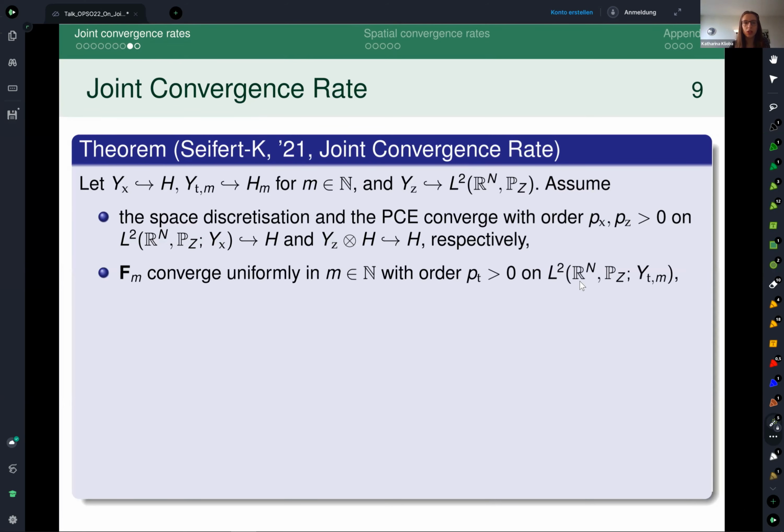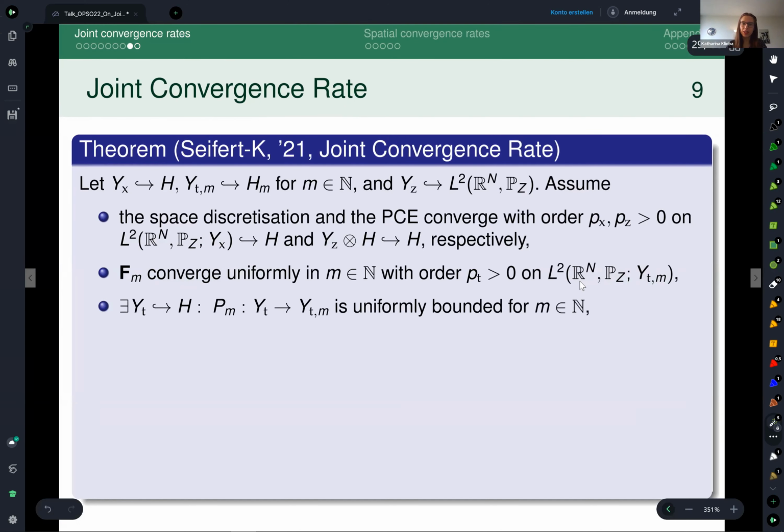Same for time, but because we have a different time discretization for each m, we ask them to converge uniformly with rate p_t on the respective space. So these are the conditions that, of course, we need. We can't expect to have a joint convergence rate if we don't even have them separately.